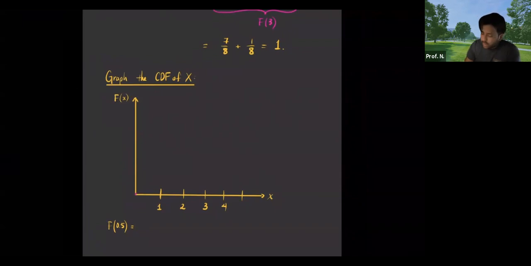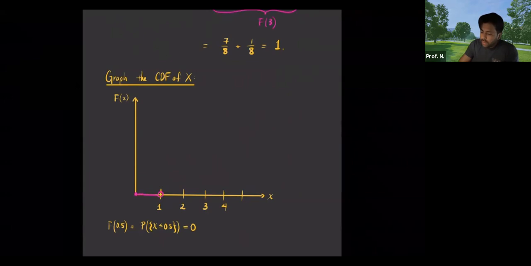What would that be? It's 0, correct? It's not possible in this problem. But the thing is, this is going to be 0 for every value less than 1. So in reality, I'm going to have a constant function 0, and an open circle here.